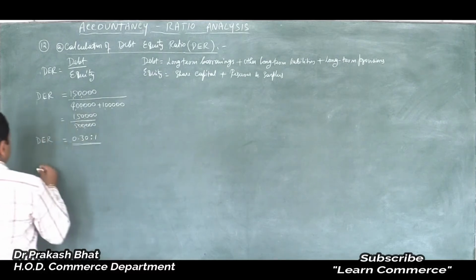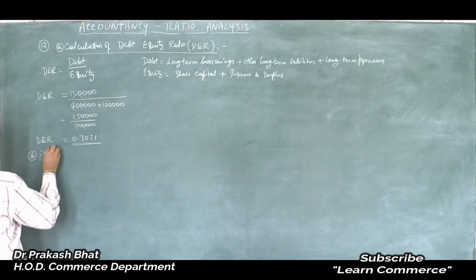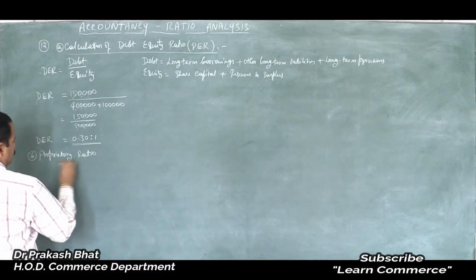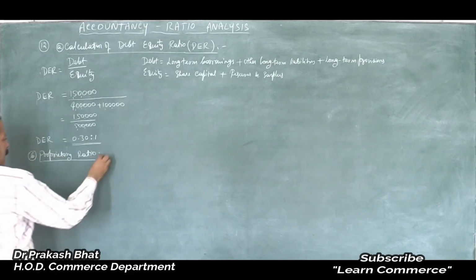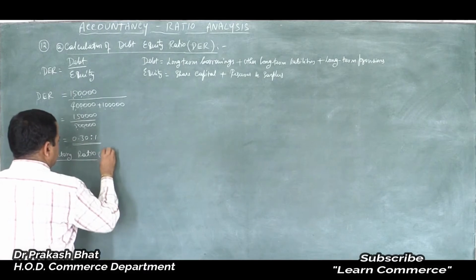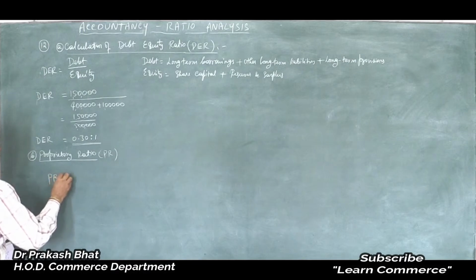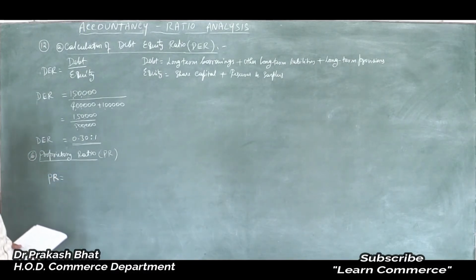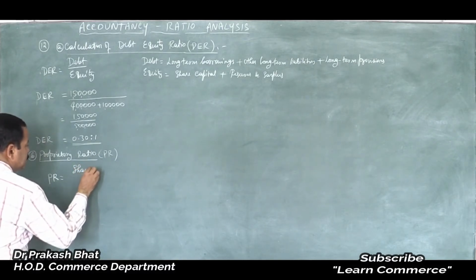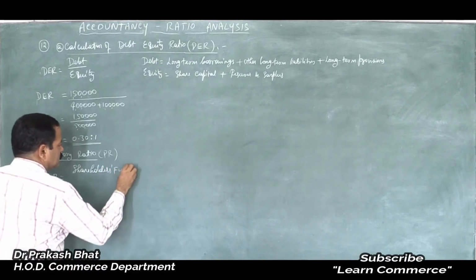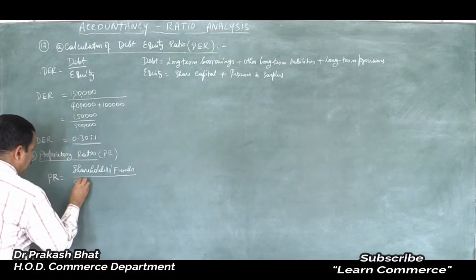Now moving on to B, proprietary ratio. Proprietary ratio, PR, is equal to shareholders funds divided by capital employed.